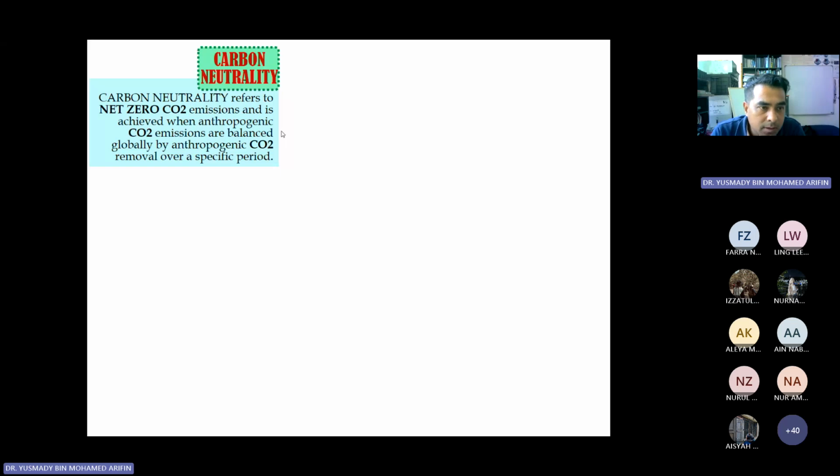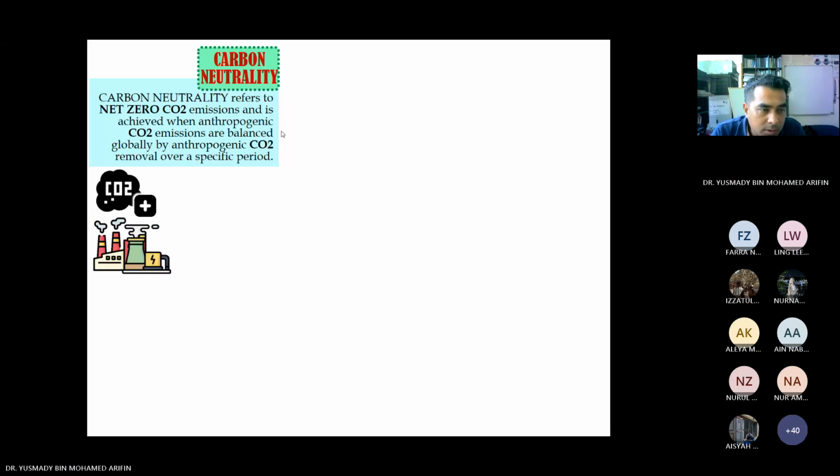Yeah? Okay. So in terms of diagram, for example, try to visualize the meaning of carbon neutrality. So for example, the industry releases a certain amount of CO2 to the environment. Katakanlah, contoh, 1,000 kilogram of CO2 released to surrounding.